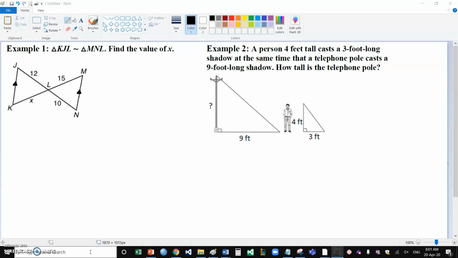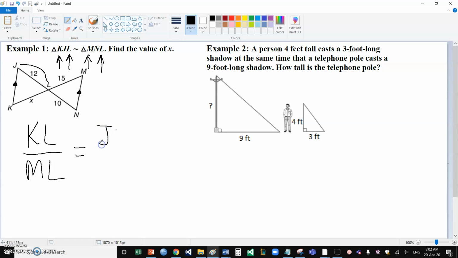So if these two triangles are similar, then we can say that KL, which is x, over ML, we go by the letters, so KL is the first and last, then ML, similar to JL, which is this one, over JL is these two, NL.